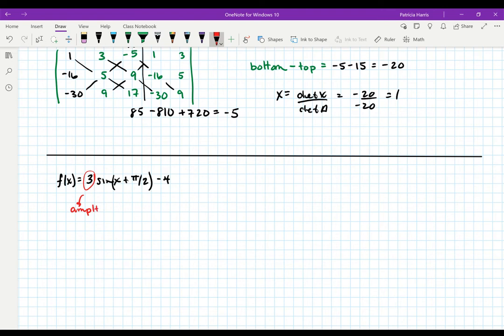Period: this is sine, so the period normally is 2 pi. And then you're going to divide by the coefficient of the x. That just happens to be 1. So your period is 2 pi.